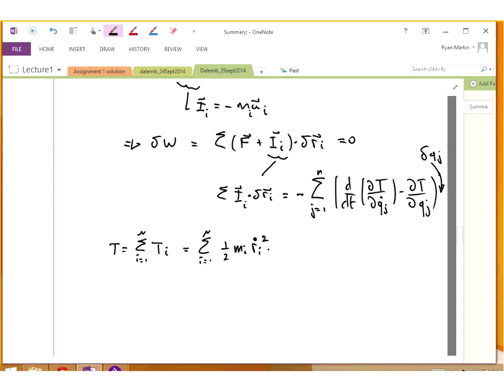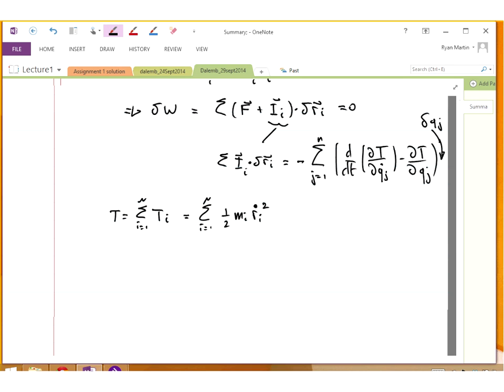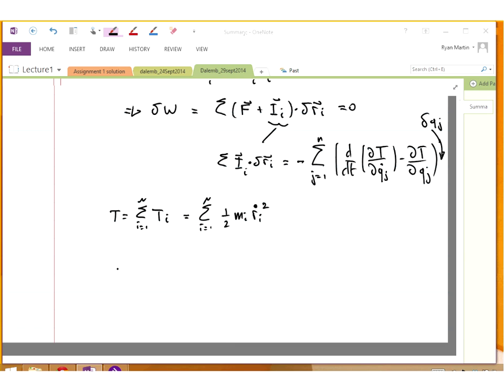And so putting everything together, we found this form of D'Alembert's equation: d/dt of ∂T/∂q_j dot, minus ∂T/∂q_j, was equal to Q_j.